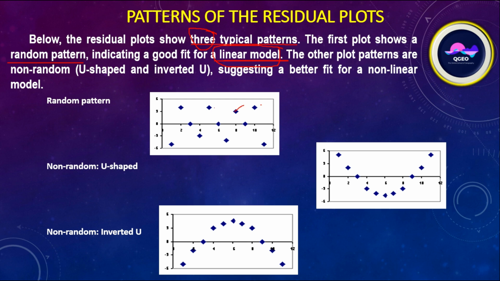In the first plot it is a random pattern, and here it is randomly distributed. So the random pattern means a linear model.